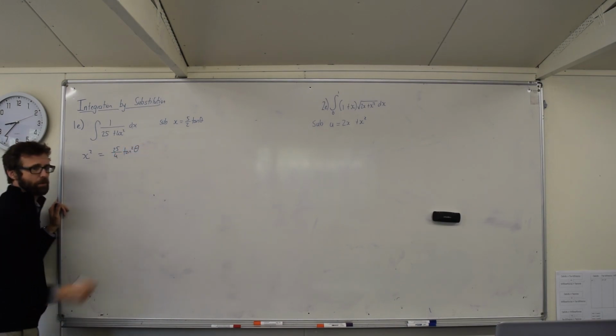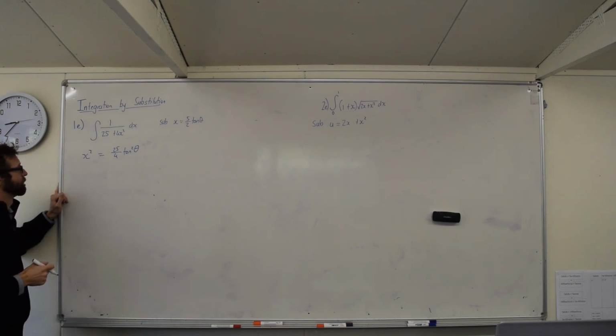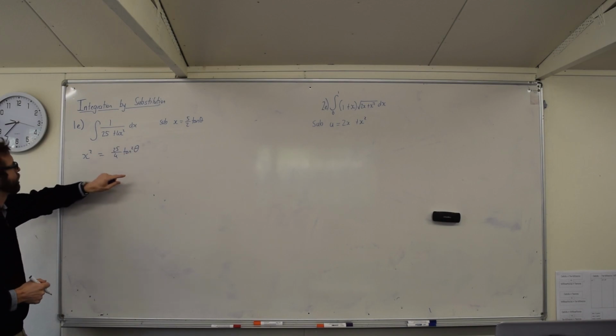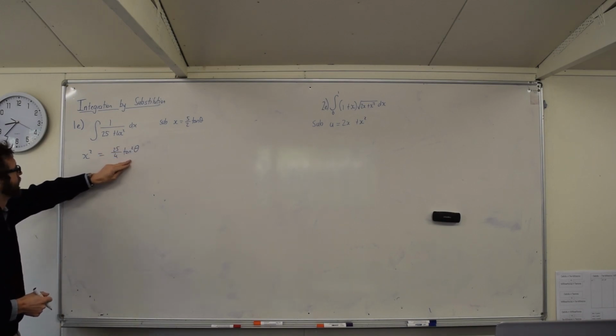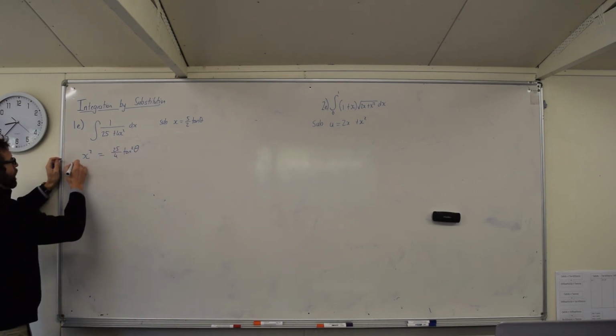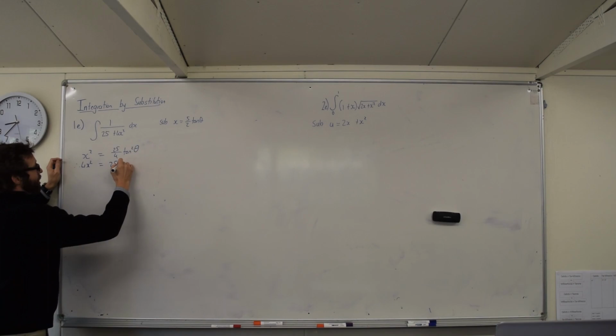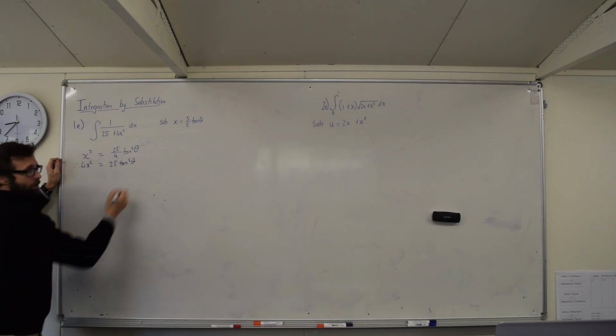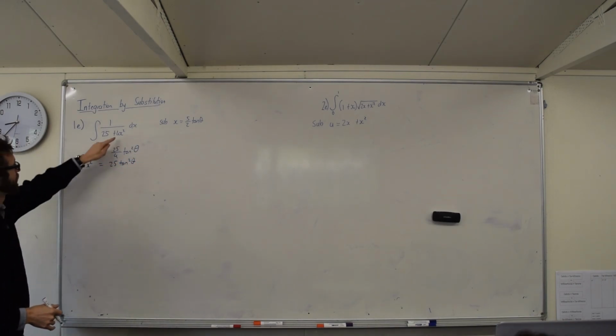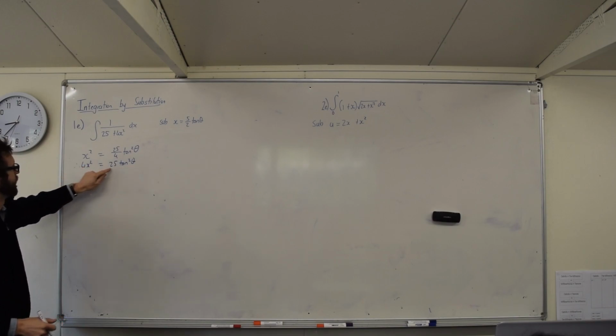Are we okay with that? That makes sense, doesn't it? But if we're putting everything in terms of theta, we could say, therefore 4x squared equals 25 tan squared theta. Are you okay with that step? We've just replaced this with this.